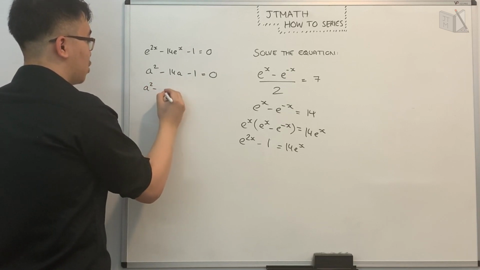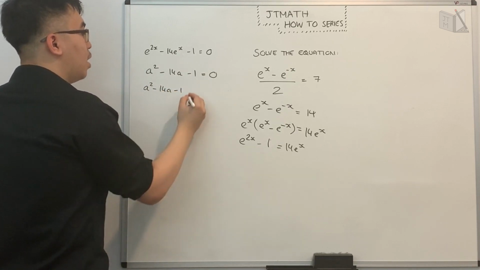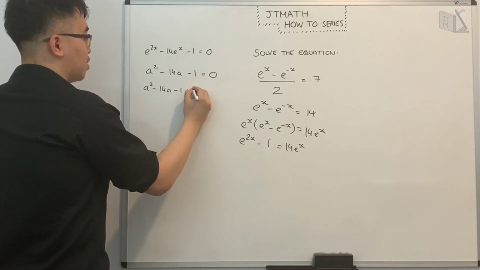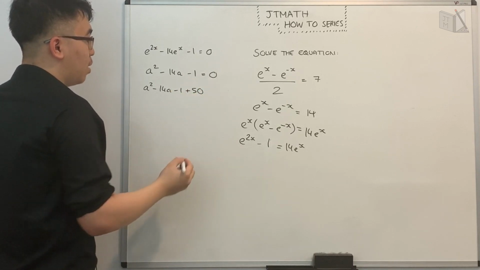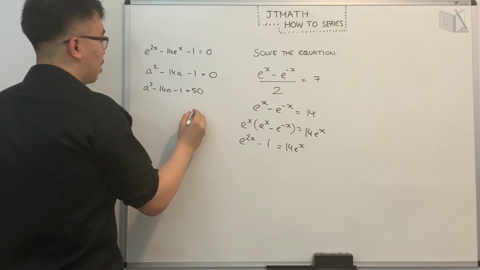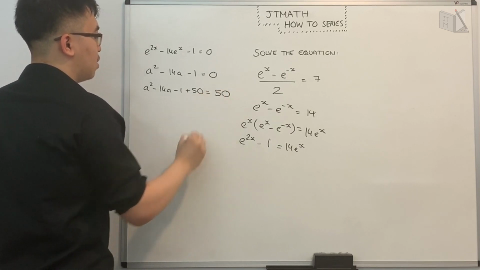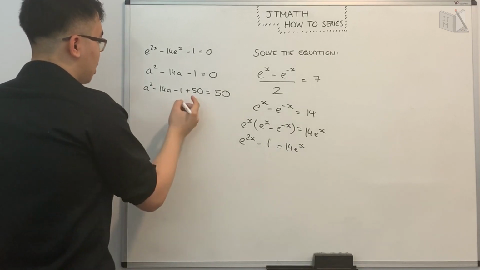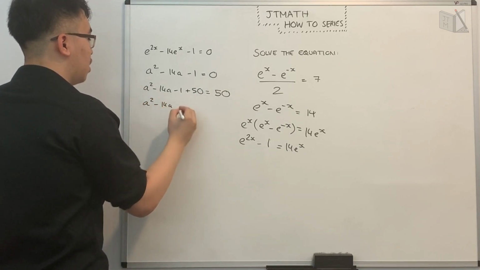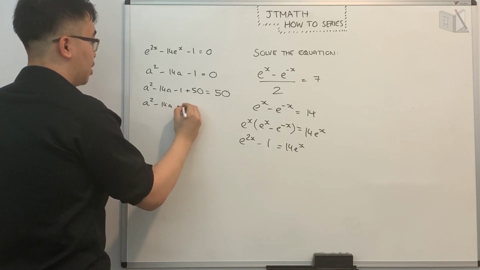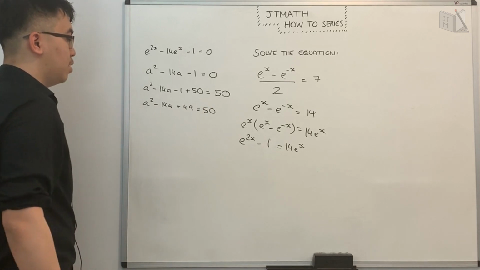So we're going to have a² − 14a − 1 + 50, because plus 50 minus 1 is plus 49. And because we've added plus 50 on the left side, we also add plus 50 to the right side. And we'll simplify this: a² − 14a + 49 = 50.